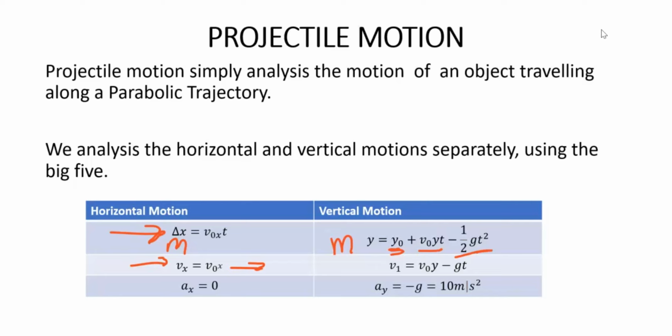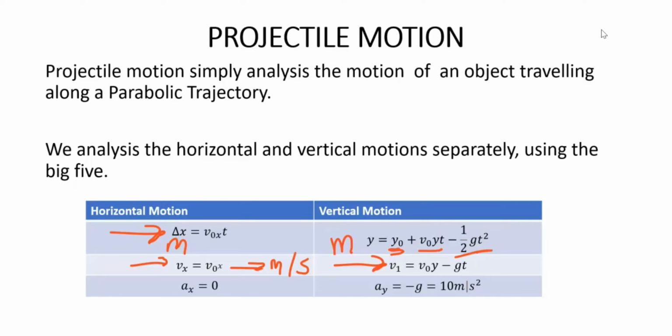And for the velocity on the y-axis, the unit of this would be meters per second. The same thing here. The velocity on the y-axis will be VOY minus gt. It's negative gt because of free fall.